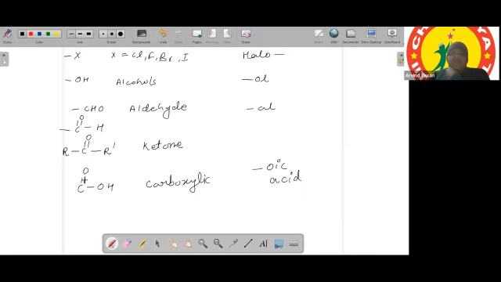Alkyl group means any carbon or carbon chain can be attached to either side of the carbon. They are named with the ending ONE.